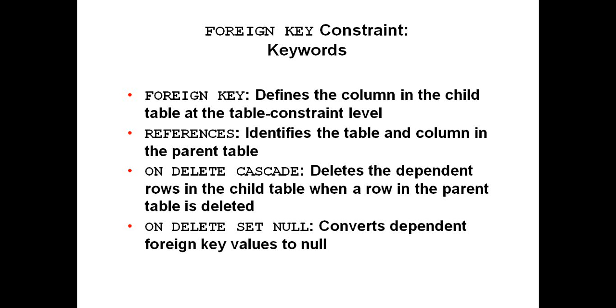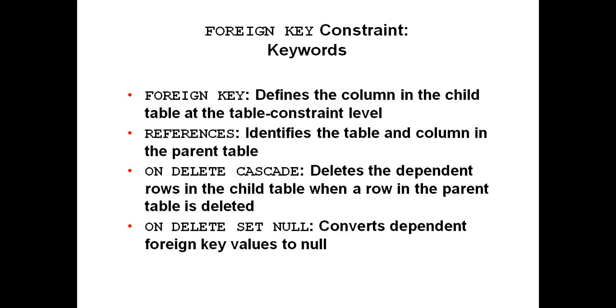Now when you declare that as on delete cascade, what happens? You can read the description. It will delete the dependent rows in the child table when a row in the parent table is deleted. Suppose you deleted one row. So when you declare a foreign key with on delete cascade, if you delete a row in the primary table, then automatically the corresponding row will be removed from the second table, or the referencing table.